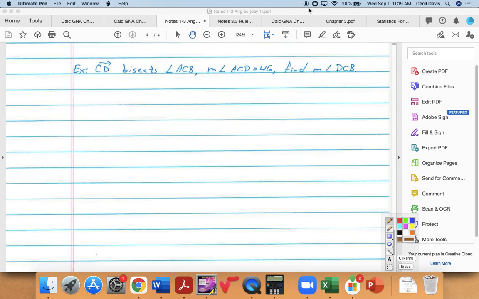It'll say angles on it. It'll say 1-3 angles. It's in section 1.3. Let me know if you have trouble finding the assignment, and I will give you a hand with it.